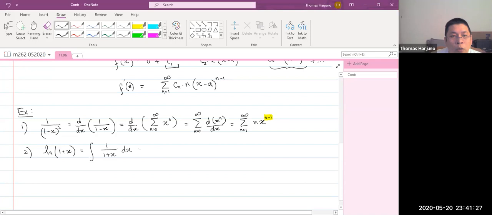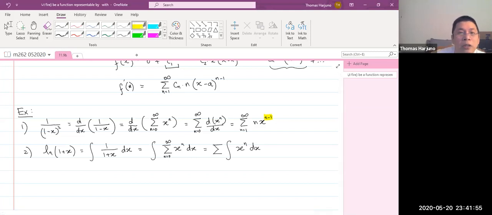That is equal to the integral of the power series x to the n from 0 to infinity dx, which is equal to the summation of the integral of x to the n dx. The one I want you to pay attention to is this though.